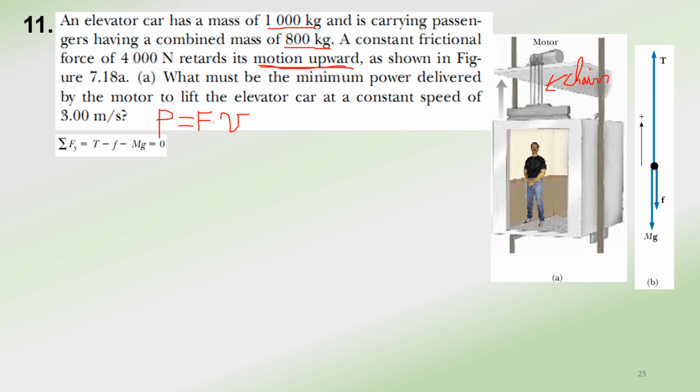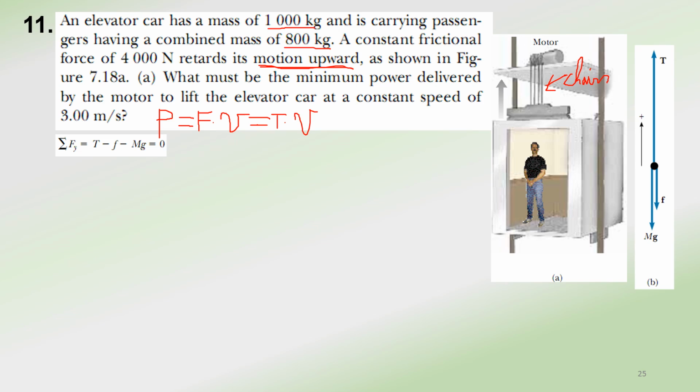That is the reason why we need to find the tension. The power is the tension T times the speed, so we need to find the tension. The tension is calculated by applying Newton's second law in the y direction.